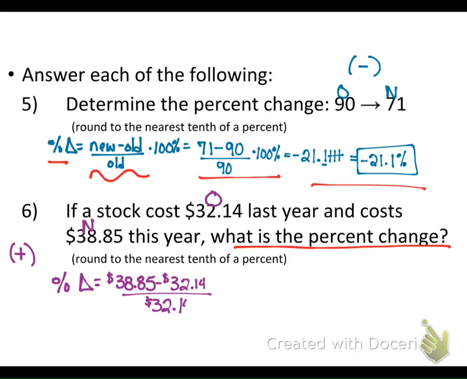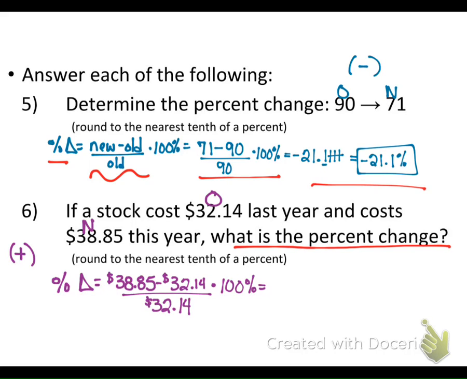I'm going to multiply that by 100%. There you go. You have to write it down.